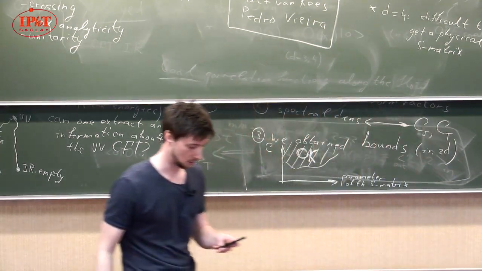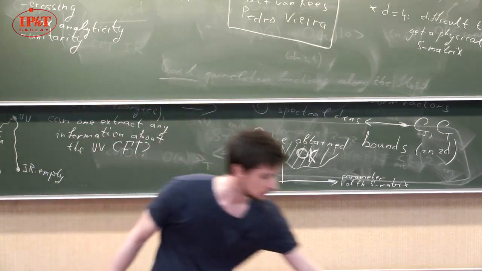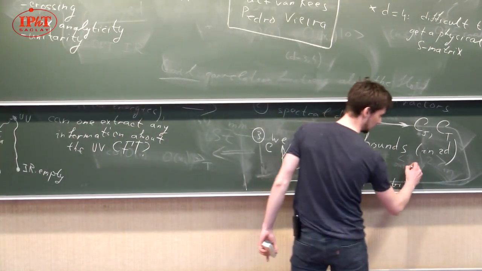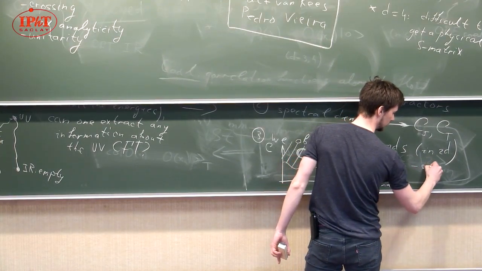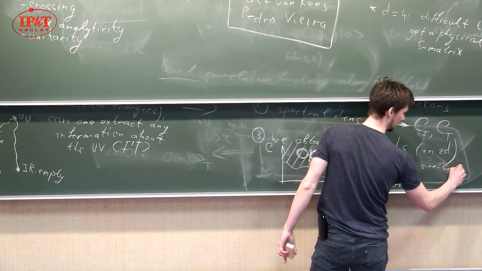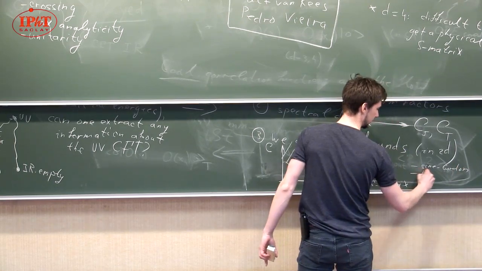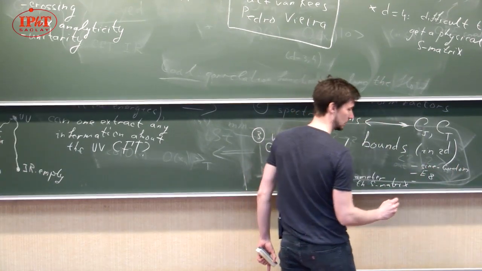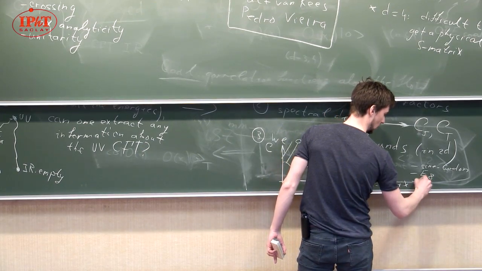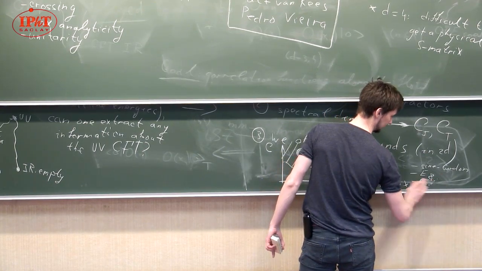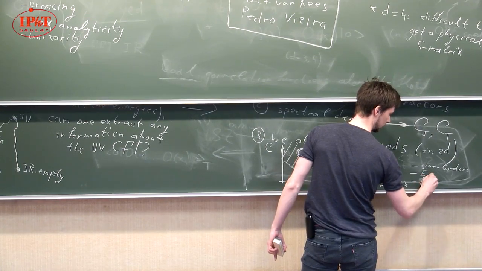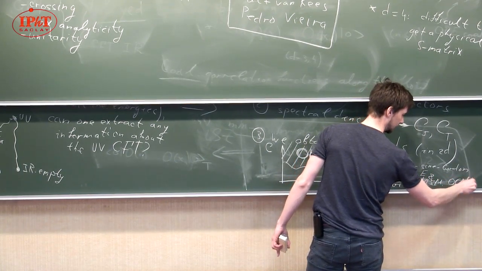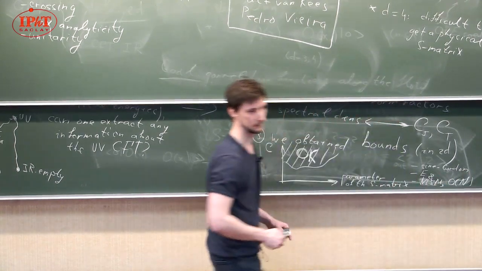Yeah, so that's the goal. And what we did, we tested this approach in 2 dimensions on 3 models: the Sine-Gordon, Zamolodchikov E8 model, and the nonlinear sigma model, and in general O(N) models in 2D.